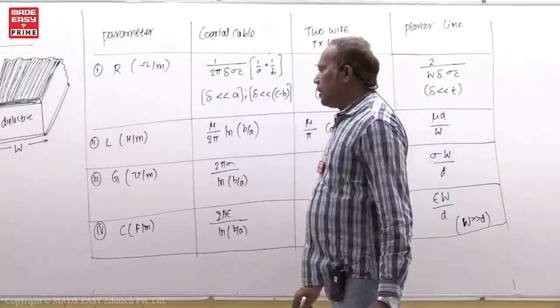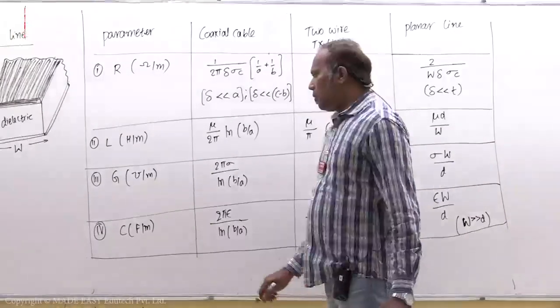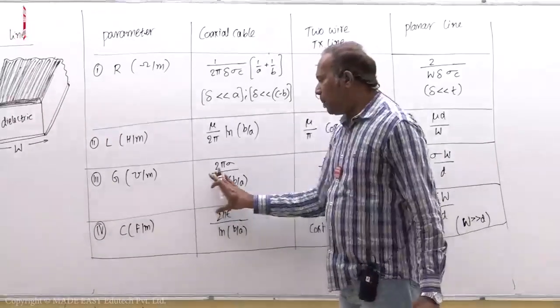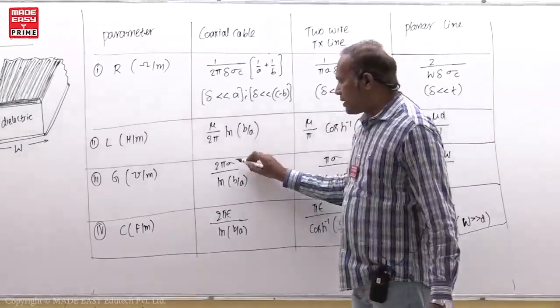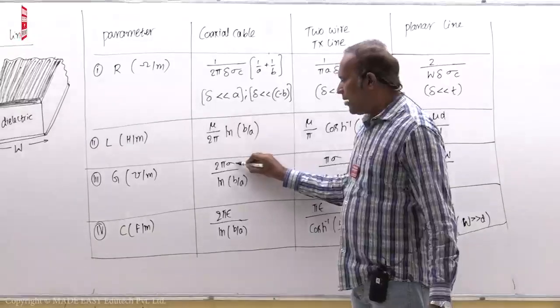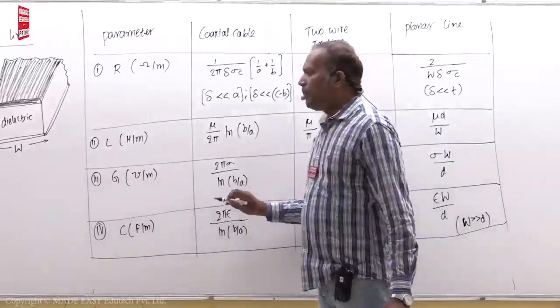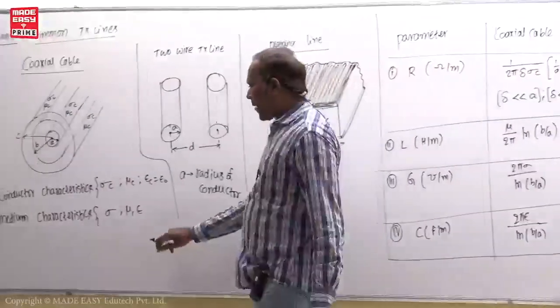You must be careful. G and C are calculated for the medium present between the conductors. That is why sigma is the conductivity of the medium and epsilon is the permittivity of the medium. I wrote here the medium characteristics.